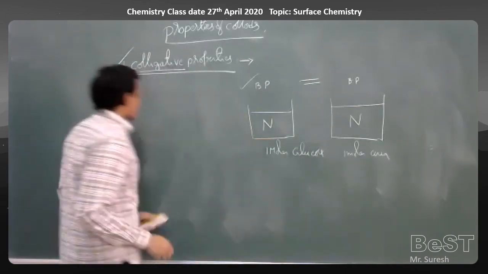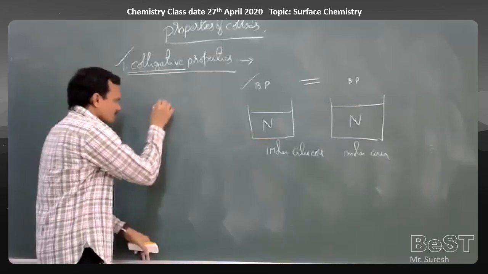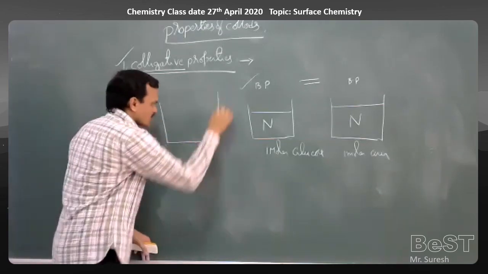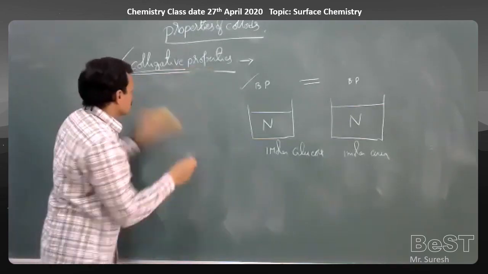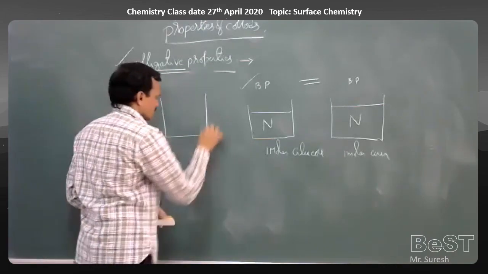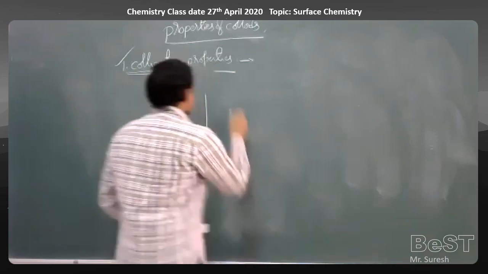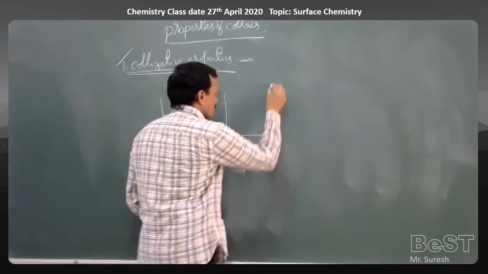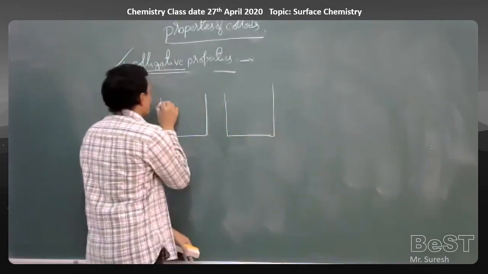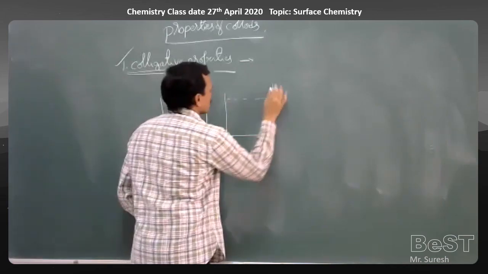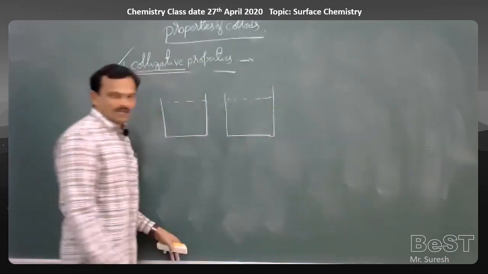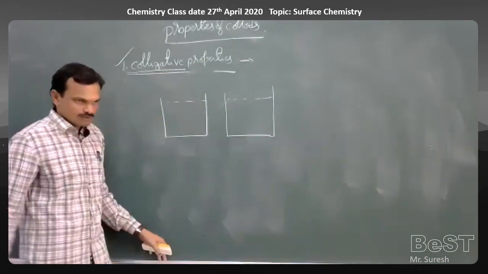Now, I am going to compare a glucose solution and a starch solution. Let us see now. Same volume of a glucose solution and a colloidal solution of the same concentration.